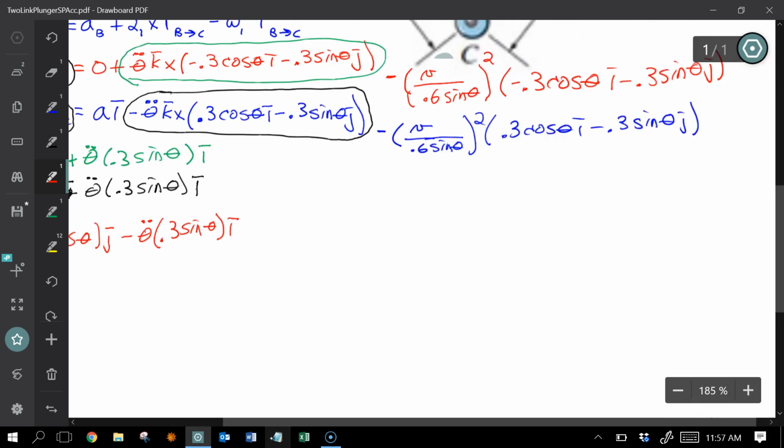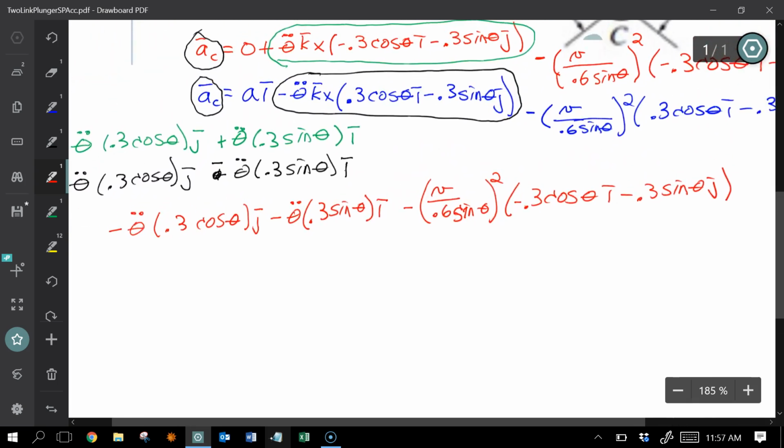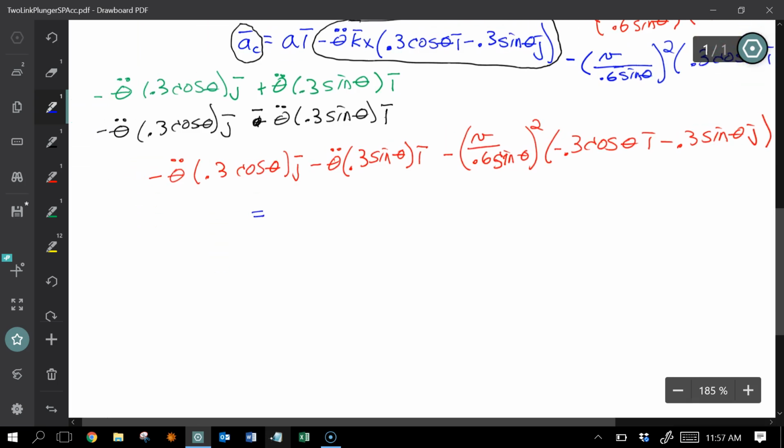And then I have this other stuff, minus v over 0.6 cosine of theta squared times a negative 0.3 cosine theta i minus 0.3 sine theta j. So that's the red equation, and that equals the blue equation. So let's see, that's an ai.